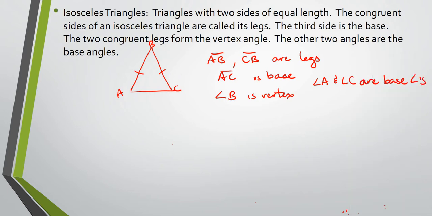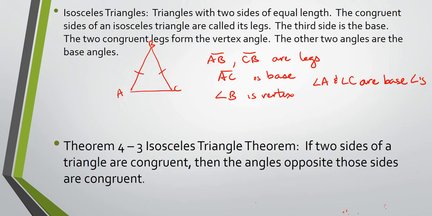There we go. So we have a theorem here. Theorem 4-3, the isosceles triangle theorem. If two sides of a triangle are congruent, then the angles opposite those sides are congruent.